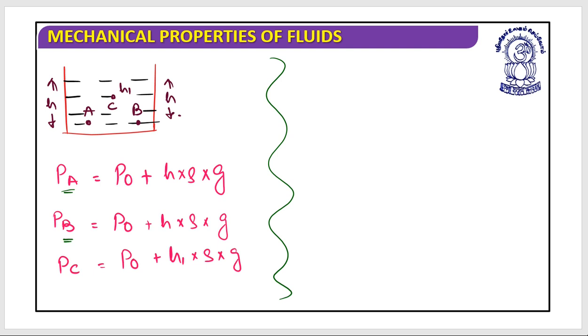So from this observation, I can come to a conclusion that when fluid is at rest, pressure at the same horizontal level will always be the same. Please keep this in mind.